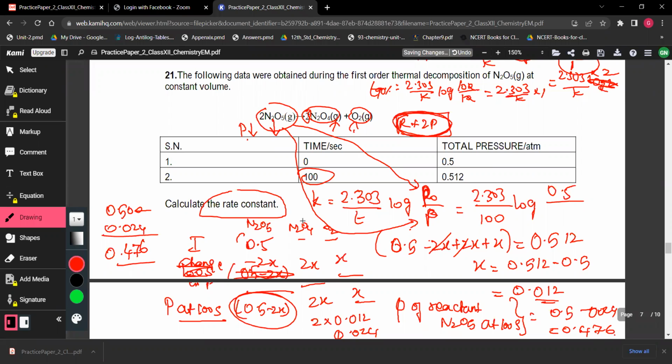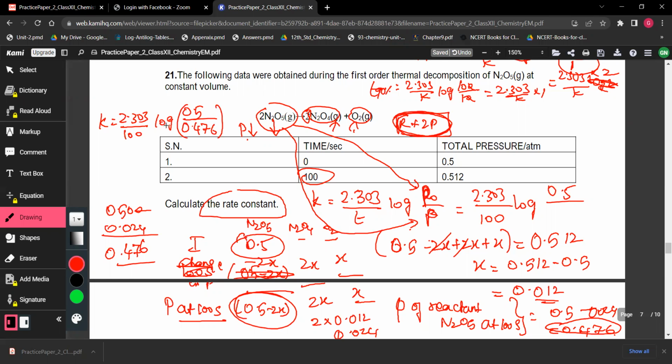Okay. Now using this we can find K. K is 2.303 by T, which is 100, log of the initial pressure of N2O5, which is 0.5, by the pressure of N2O5 at time T, which is 0.476. Now simplify this.